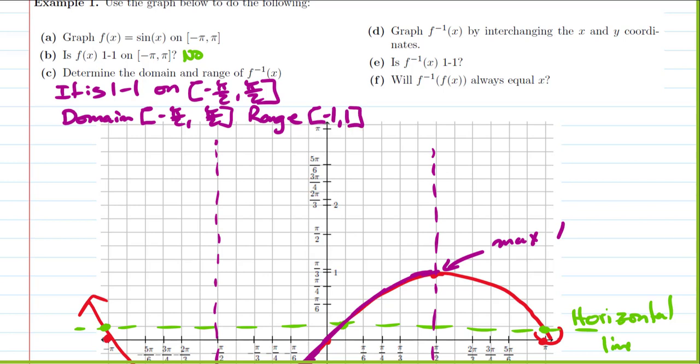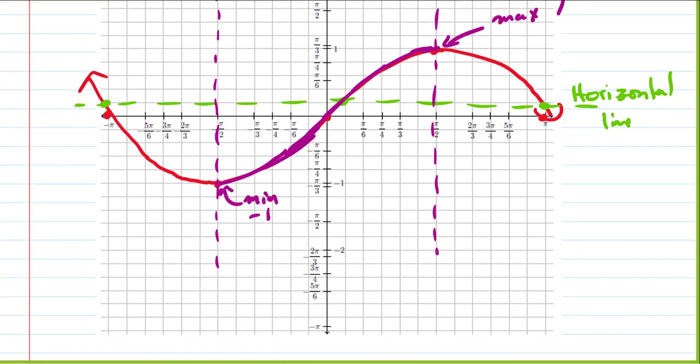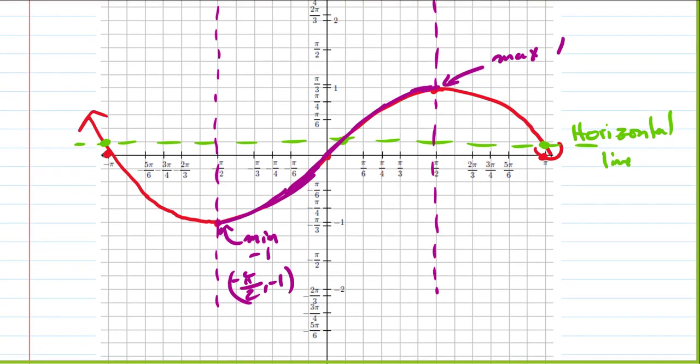Part D says we wish to graph this by interchanging the x and y coordinates, because remember, an inverse function interchanges all of the x's and the y's. So we are going to take our min, which was located at negative pi over 2 and negative 1, and we now need to plot negative 1 and pi over 2.